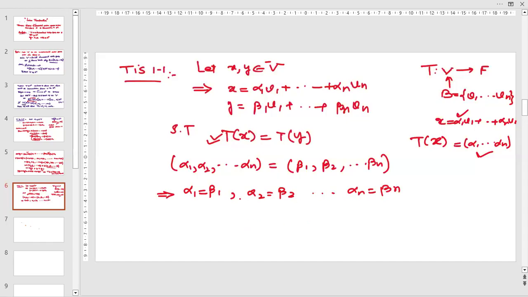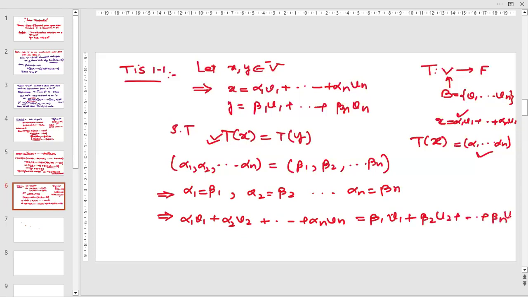Now, using these values, we can write that alpha 1 v1 plus alpha 2 v2 so on to alpha n vn is equal to beta 1 v1 plus beta 2 v2 and so on to beta n vn.